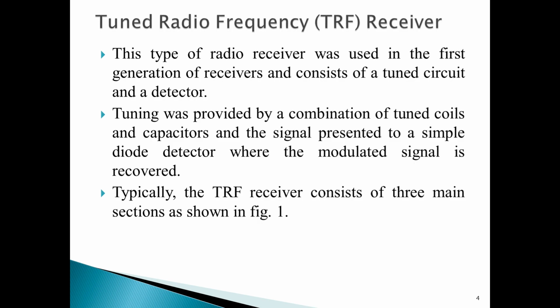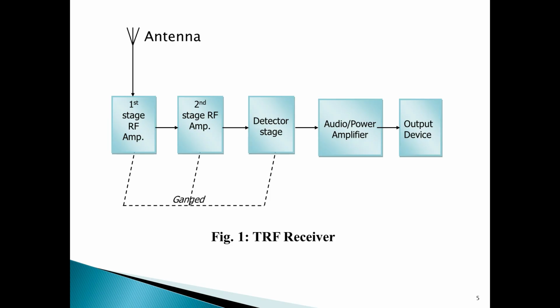Typically, the TRF receiver consists of three main sections as shown in Fig 1. We have the first and second stage radio frequency amplifiers and the detector stage ganged. Then the output is fed to the power amplifier, then to the output device.